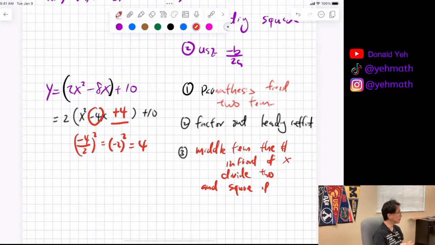But are we really adding 4 to this equation? That's my question. If I add 4 there, am I adding 4 in this equation? I'm not really adding 4.